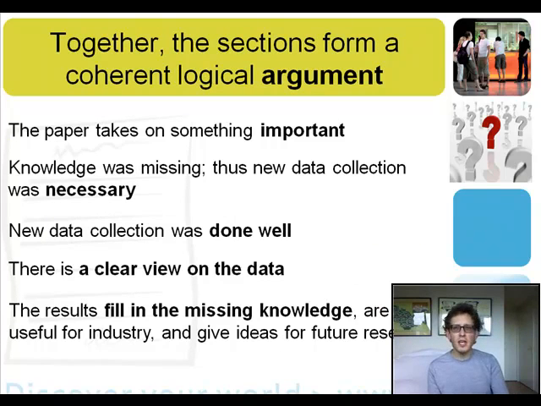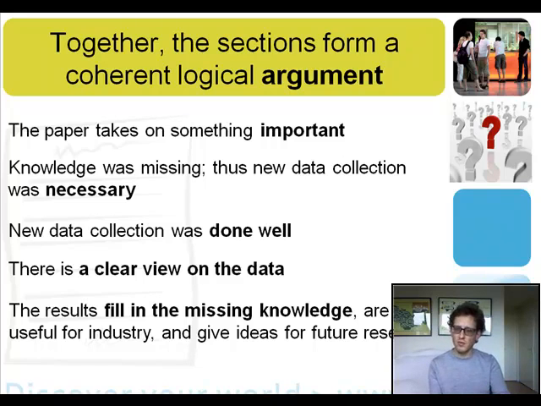Just like a flight of stairs that gets you from the bottom to the top, the 5 sections of a typical scientific journal article form a coherent, logical argument. So they want to convince you of a certain point. They want to give you that view from the top of the stairs.